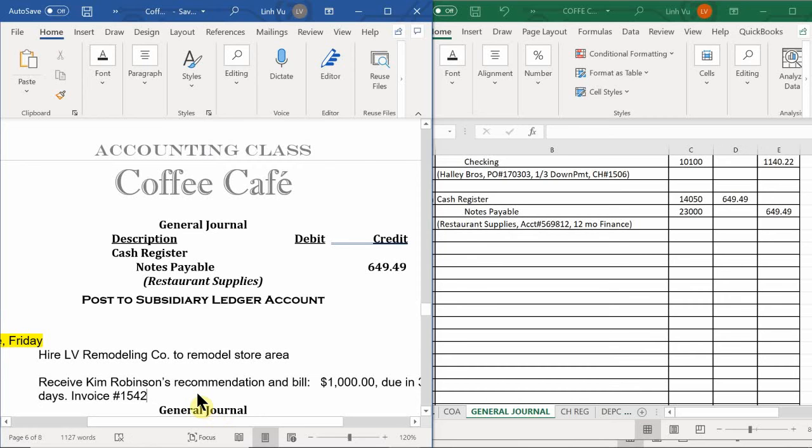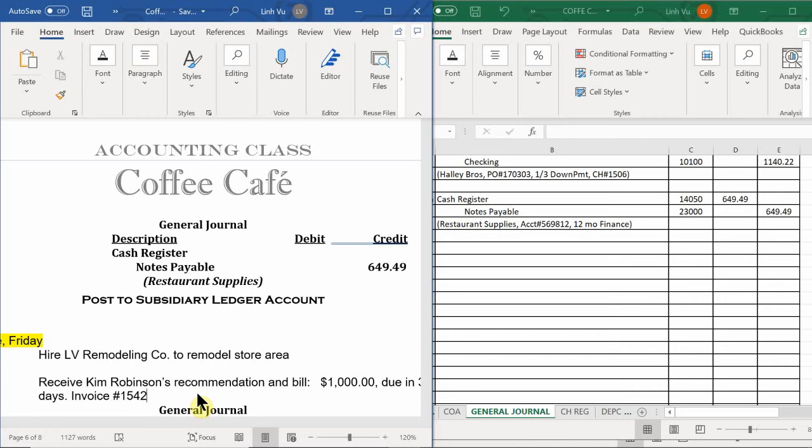So let's determine what account I am going to associate this $1,000 bill with. Would it be labor expense?